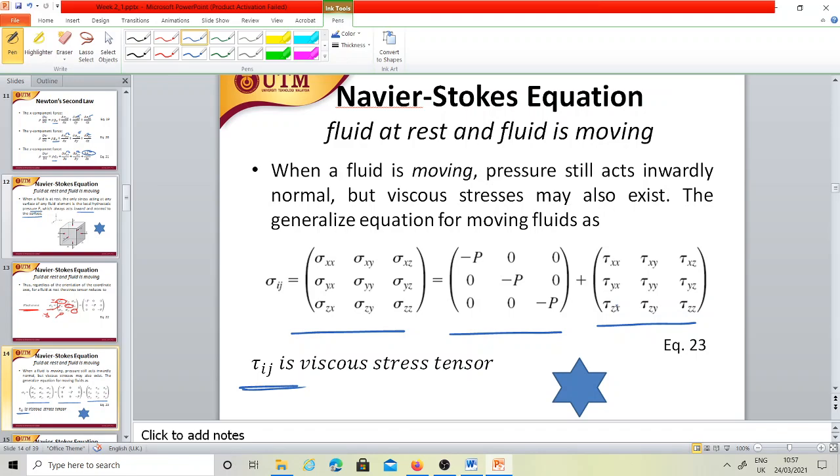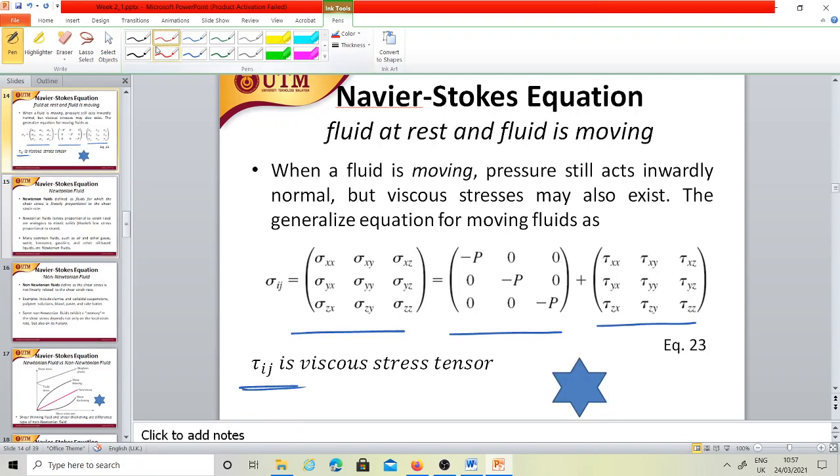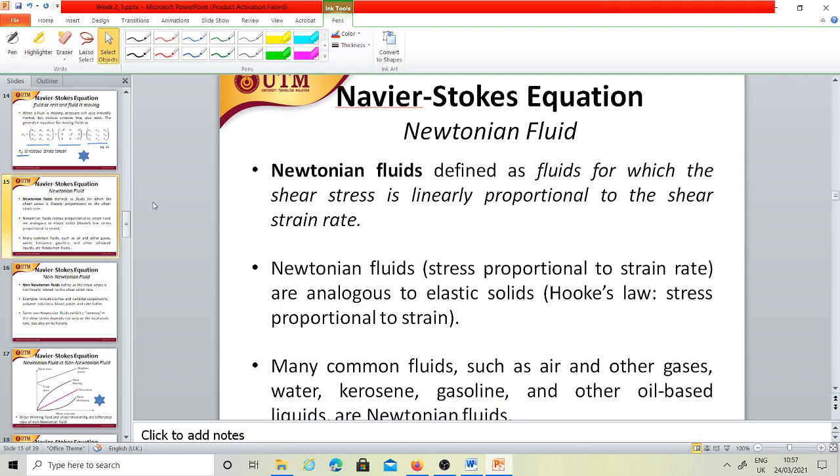Okay, so as we have this, we have to know something related to the Newtonian fluid. So what is the Newtonian fluid? As I said last time, if you remember, I mentioned that the shear stress is actually proportional to the strain, du by dy.